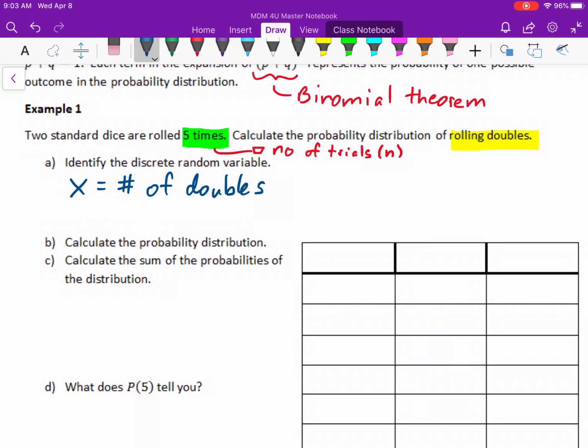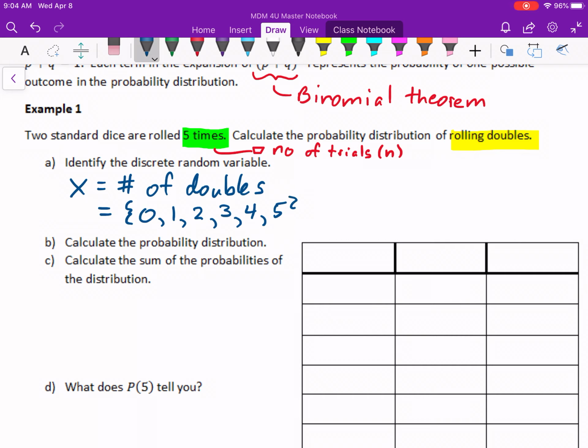Again, we're rolling a pair of dice 5 times. How many pairs of doubles could I get from that? Well, it's quite possible that in rolling the pair of dice 5 times, I wouldn't get any doubles, right? So maybe I'd get 0. That's a possible outcome, 0 doubles. Or maybe I get 1 pair of doubles, or 2, and so on, up to a maximum of 5.